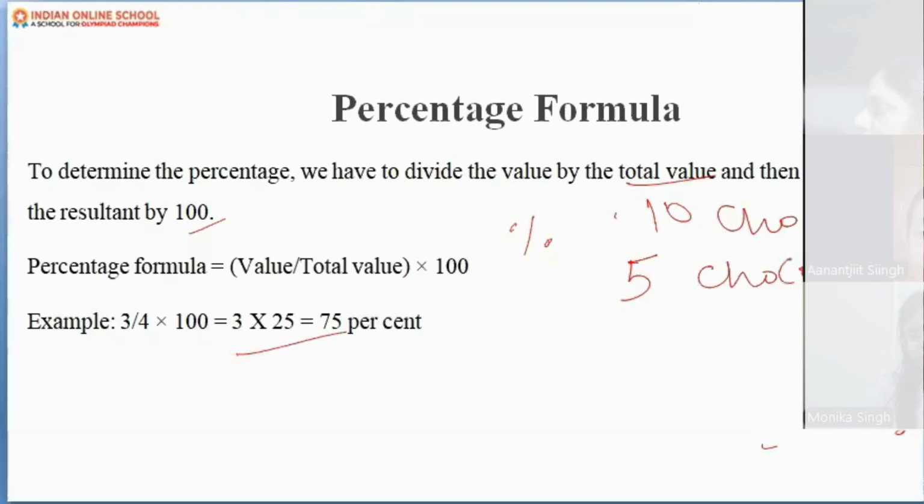Ma'am, 50%. I have 10 chocolates and I gave 5 chocolates to Ananjit. So how much percent of, we have formula, the number divided by total number multiplied by 100.